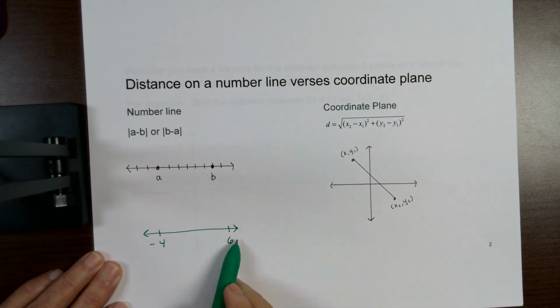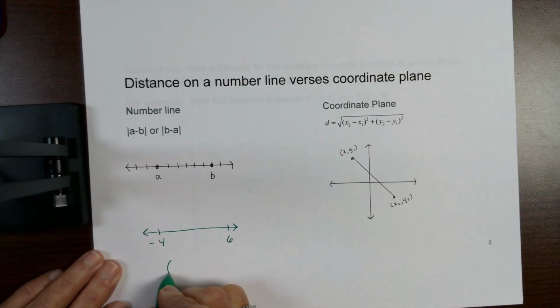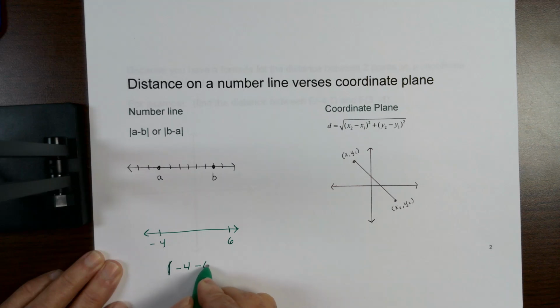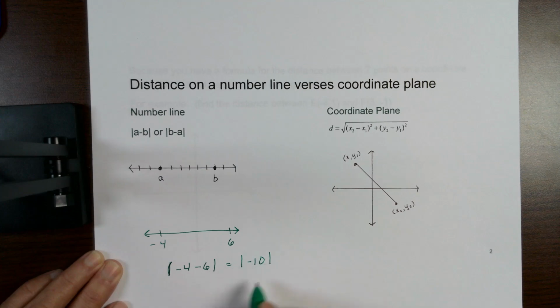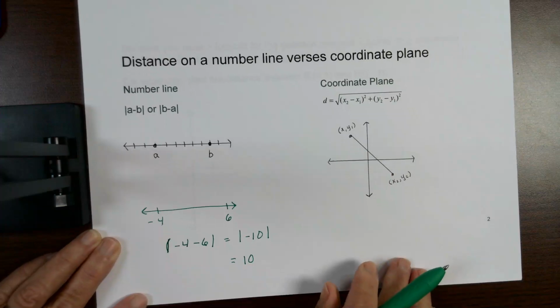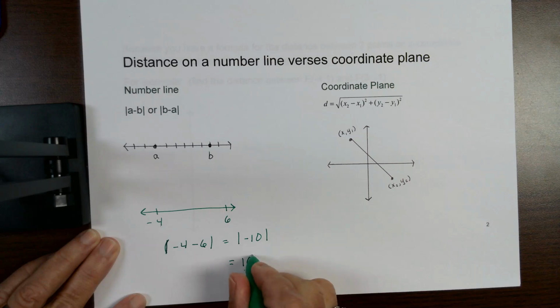To find the distance between -4 and +6, you're just going to go the absolute value of -4 minus 6, that's going to give you the absolute value of -10. So the distance between -4 and +6 is going to be 10 units.